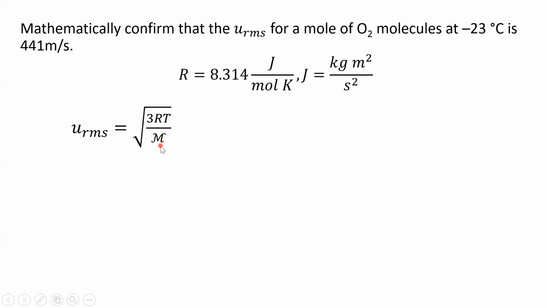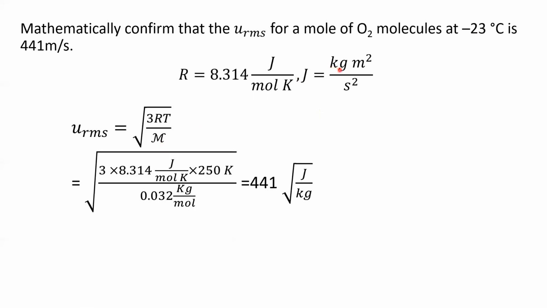So when we look that up on the periodic table, the molar mass for oxygen gas is 32 grams per mole. But we're going to need kilograms per mole because we're going to want kilograms to cancel out eventually. So let's plug in what we know.